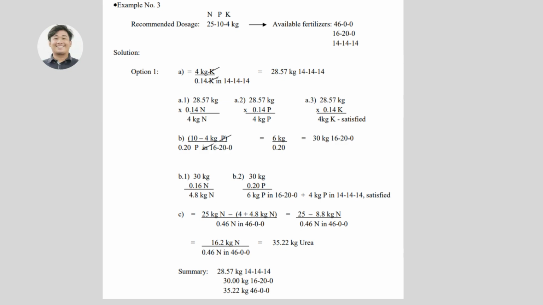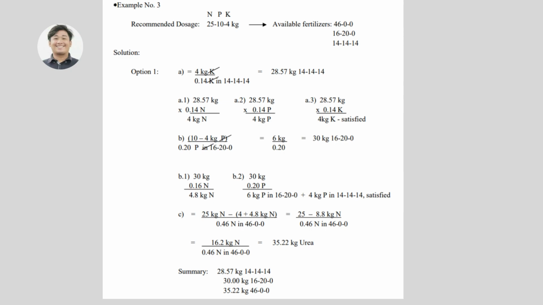Also, we're going to solve the nitrogen and the phosphate in the 14-14-14 bag. So we'll arrive at 4 kilograms of nitrogen, 4 kilograms of phosphate, and 4 kilograms of potash. Now we'll solve in the 1620. We'll subtract the 4, which is in the 14-14-14 bag, from the phosphate.